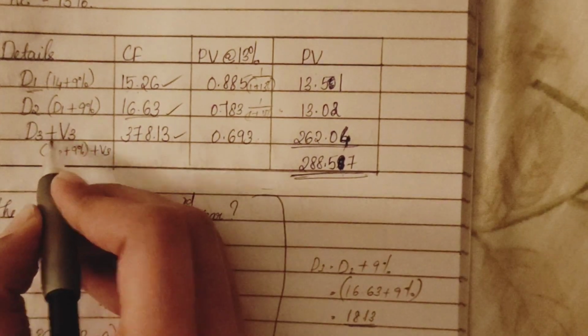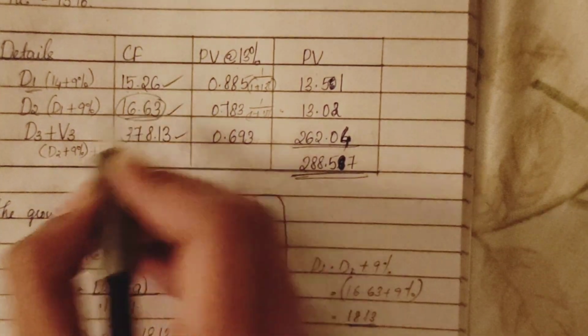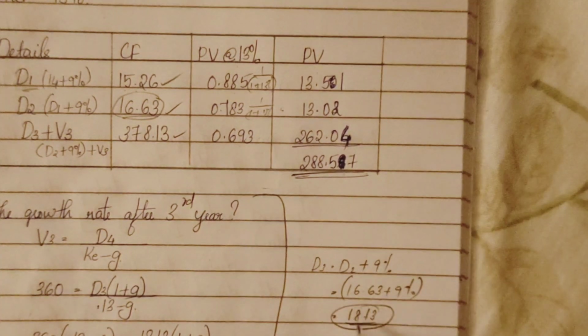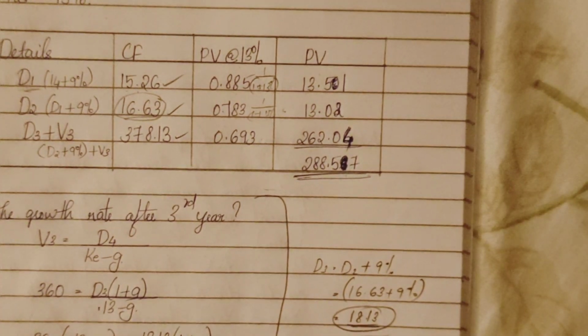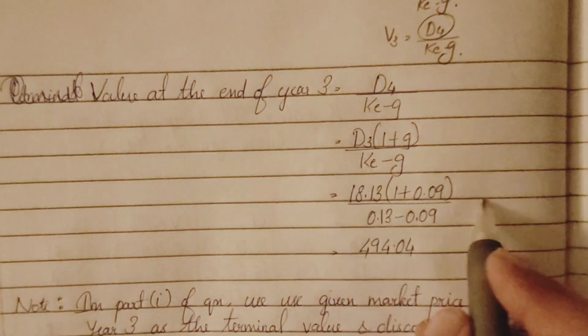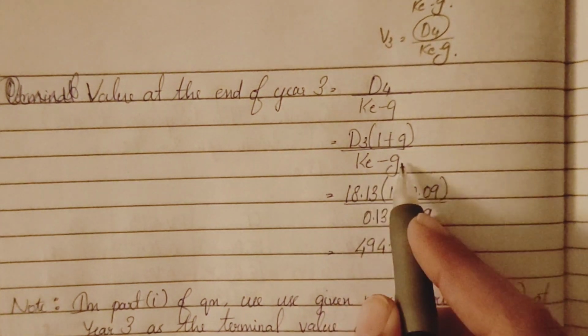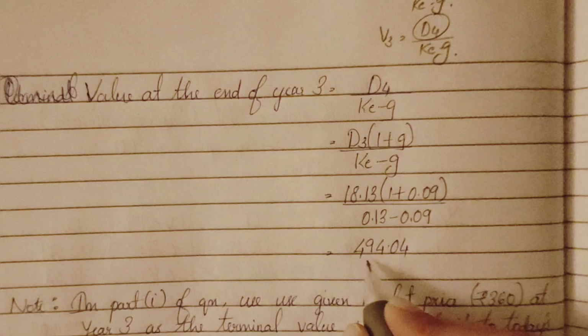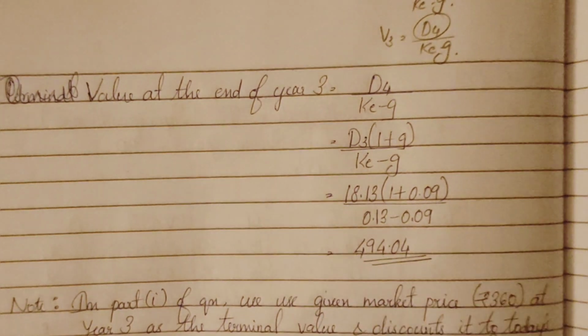D2 plus 9%, 16.63 plus 9%, 18.13 is D3. So 18.13 into 1 plus 9% whole divided by KE, which is 13%, minus G, which is 9%. So 494.04 is the value at the end of year 3.